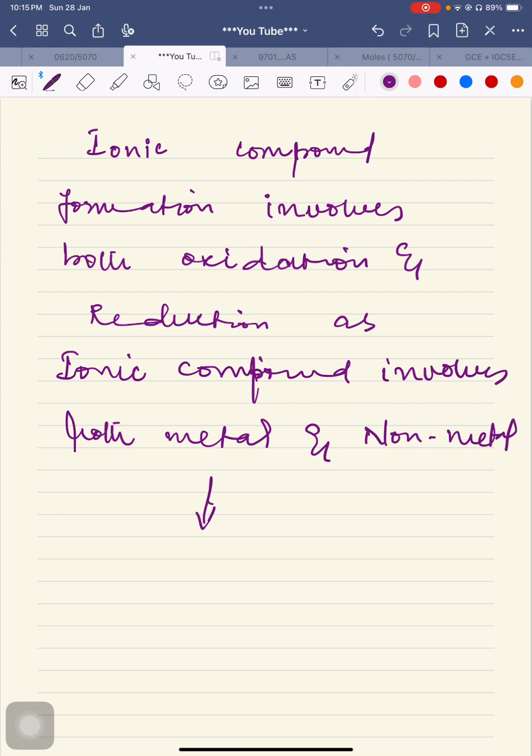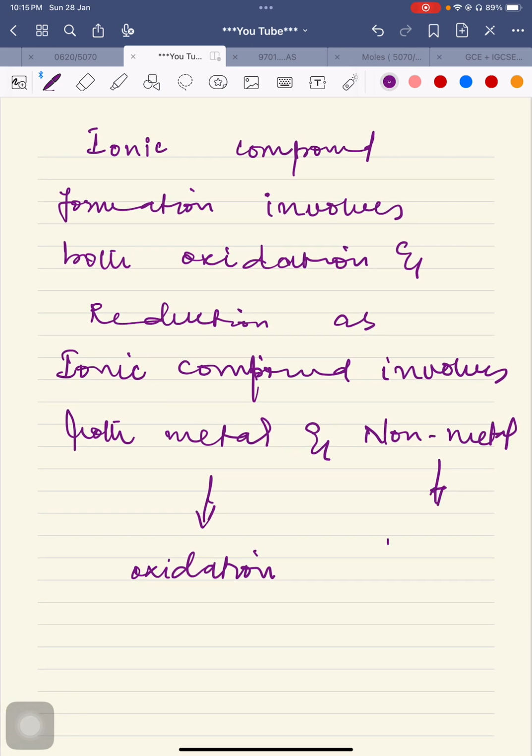Remember that the metallic part is undergoing oxidation, whereas the non-metallic part is undergoing reduction. So this is how it is happening.